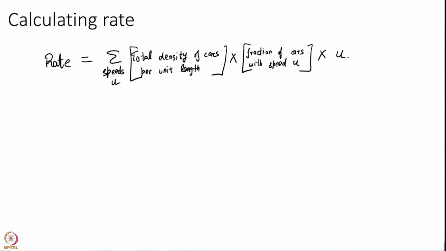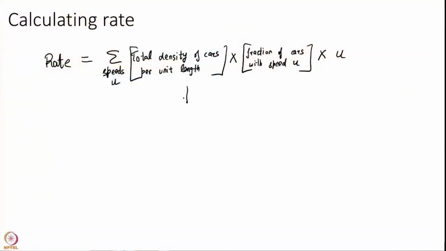If you are travelling with some speed u, in each second the cars have to be within the length u meters. So, I have to find the number of cars in this u meter length, which is the total density of cars times the fraction moving with speed u, multiplied by u meters. That gives me the rate per second.